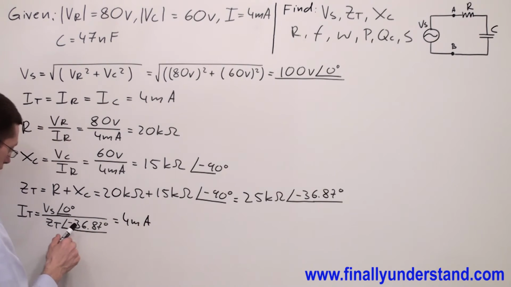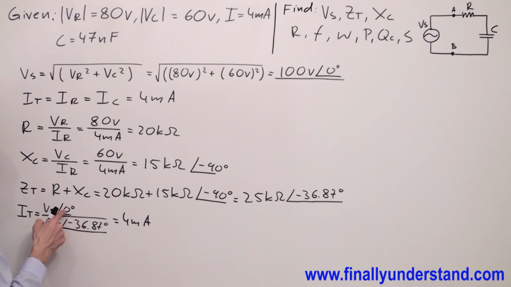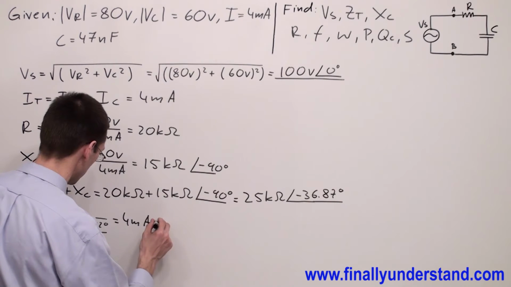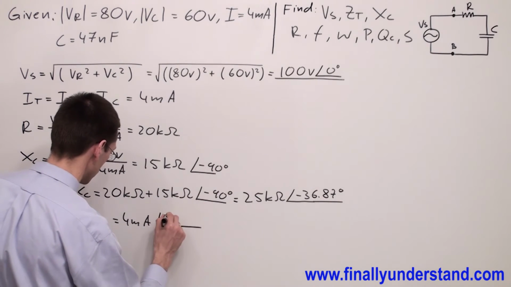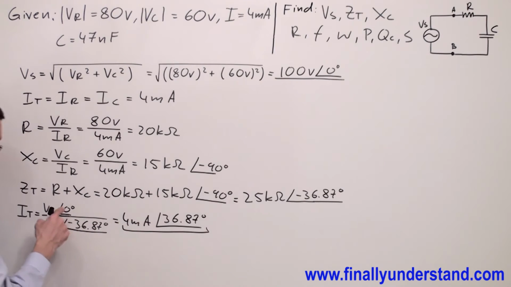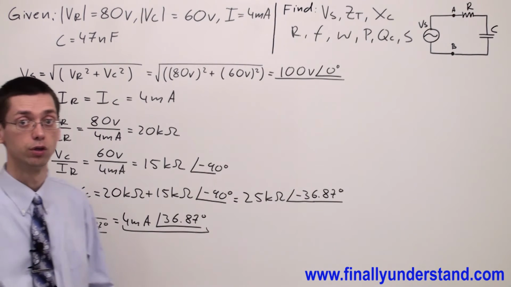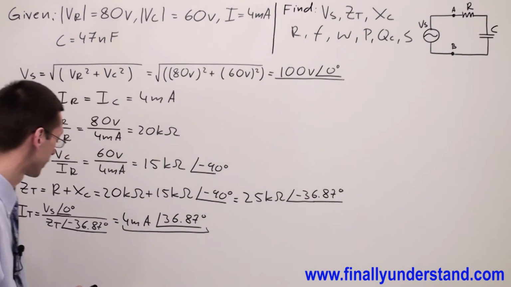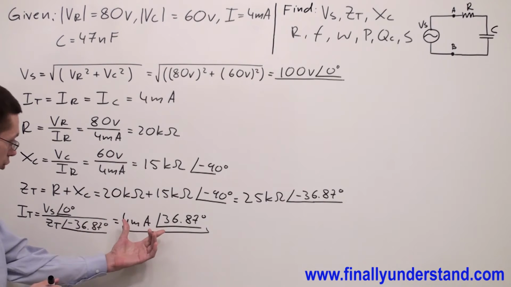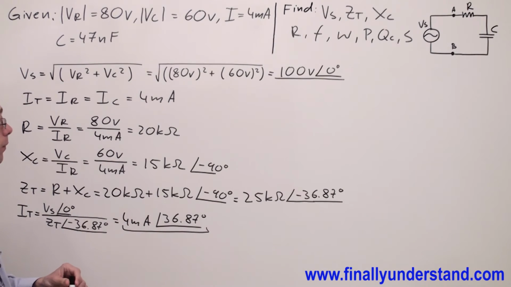And I'm going to just look at the angles. 0 minus negative 36.87 degrees is equal to 36.87 degrees. If you don't know what I'm doing over here, you're supposed to review the complex numbers. So this is my I total. This is the complete answer for I total.